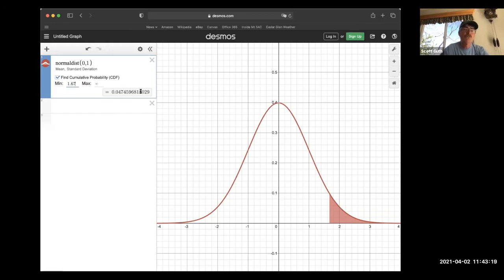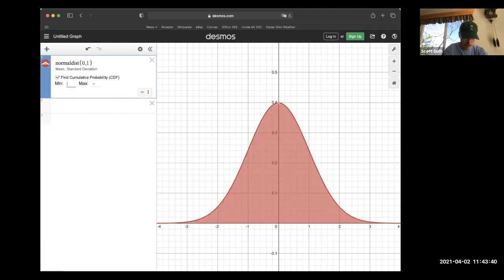So anyway, 0.475 or 76, no, it's 0.475. I read it wrong here. 0.475, so that's good. That's the third one. And the fourth one, and again, that's with no max, and it changed it to infinity. The last one has a min of 3.11. Nope, that's the max, my bad.